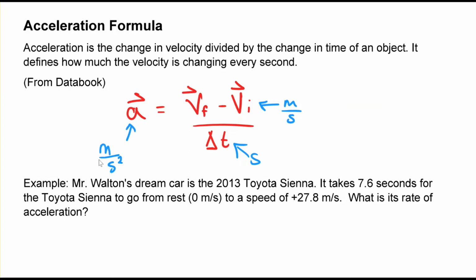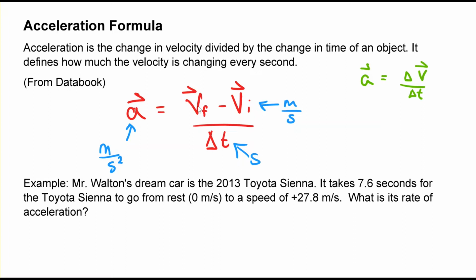We're going to talk a little bit more about this unit meters per second squared in a little bit, but let's just describe what's going on here in this formula. Acceleration is the change in velocity, and that's what we've got going on top, okay? Basically acceleration is just the change in the velocity divided by the change in time.